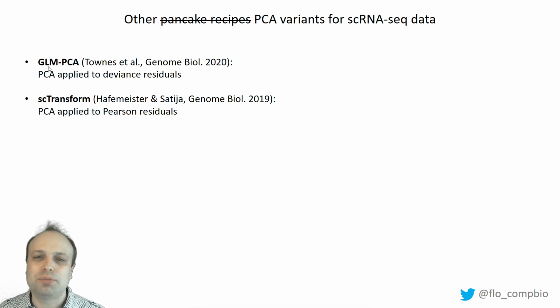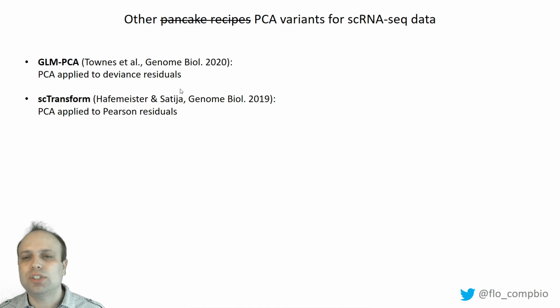Two that I wanted to mention are GLM-PCA, published this year, where PCA is applied to the residuals you get after modeling the data, and a little bit similar, I think, is SCTransform from last year, where PCA is applied to Pearson residuals.